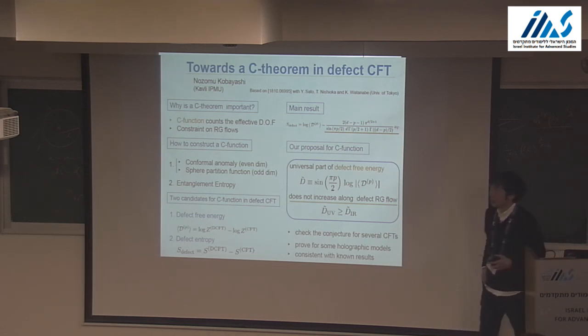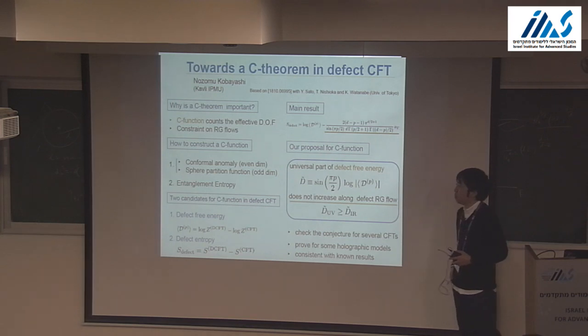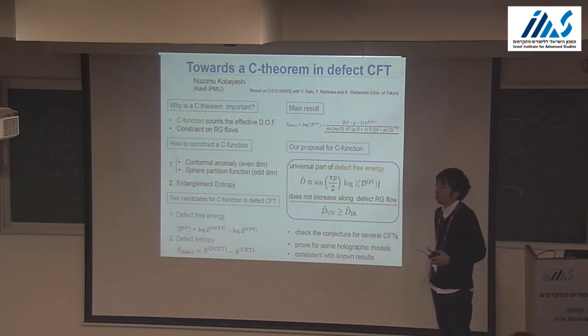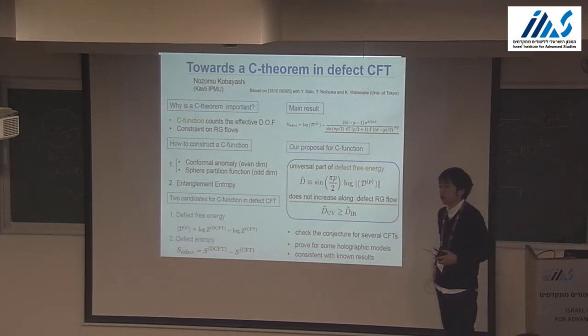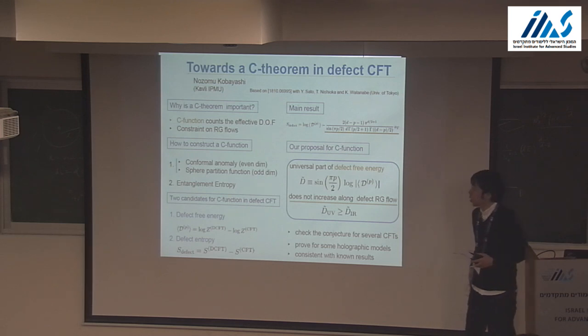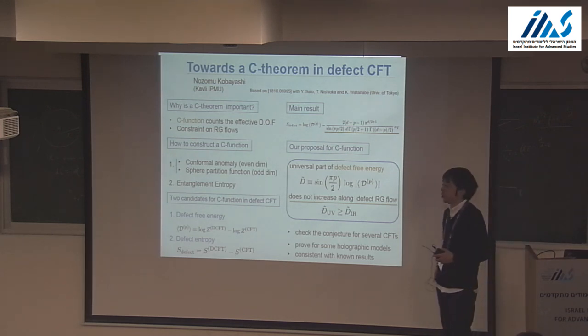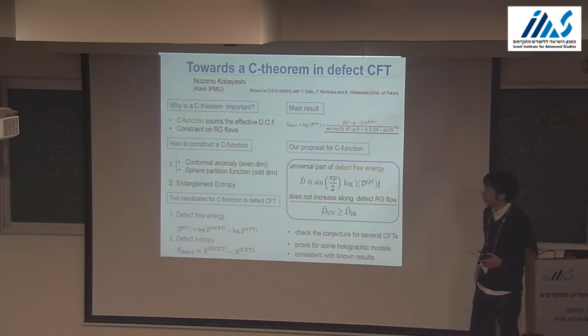Actually, there are a lot of works on this problem by several speakers at this school. The two-dimensional case was done by Sasha, and the four-dimensional case was proven by Adam and Zohar, and a conjecture for the three-dimensional case was proposed by Igor and his collaborators. In summary, in even dimensions, the C function is associated with the type A central charge of the conformal anomaly.